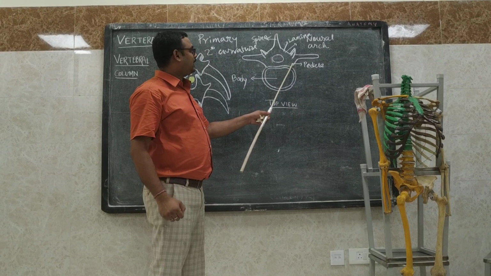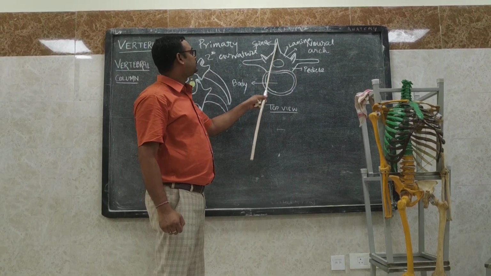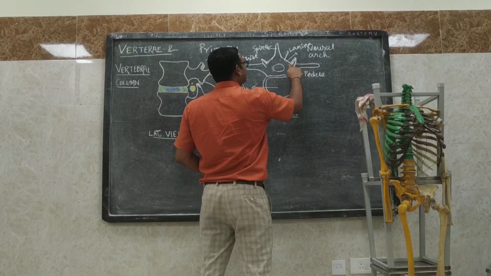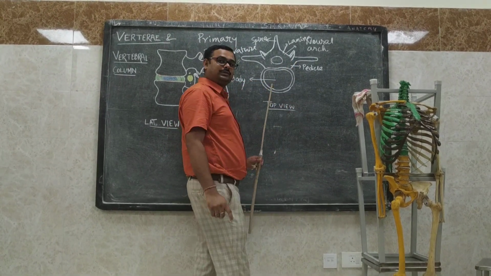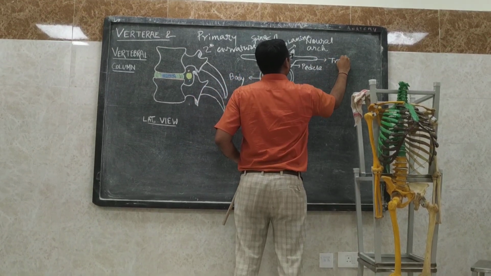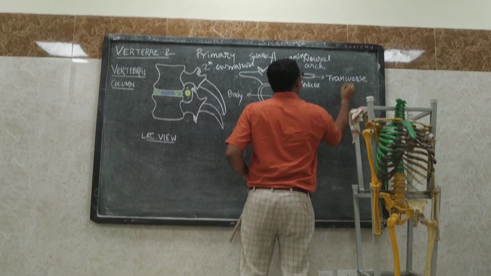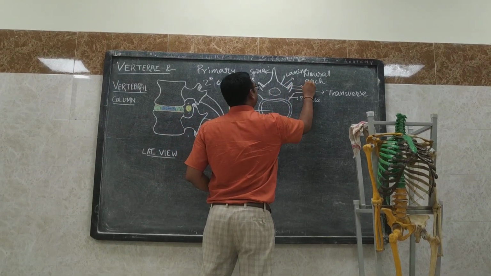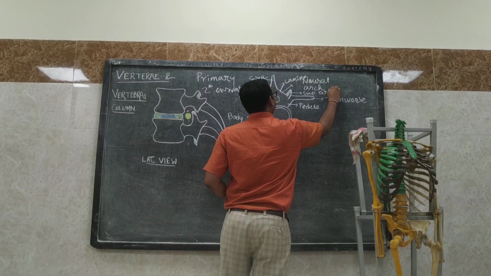So the first part is the pedicle, the second part is the lamina, and when the two laminae fuse, they form the spine. Now at the junction of lamina and pedicle, there are a few processes. One is called the transverse process.